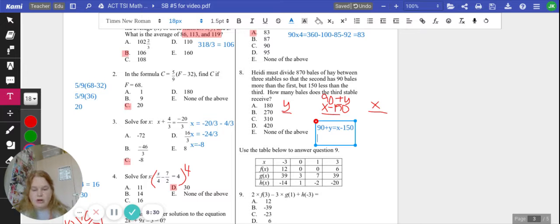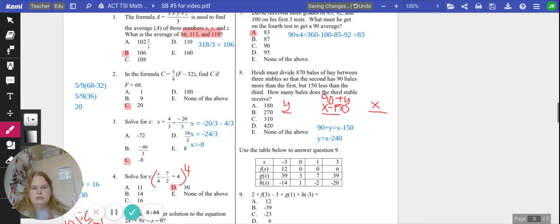I'm going to solve for Y. If I move that 90 over, I get X minus 90, negative 150 minus 90 is negative 240. So now this here is no longer Y, it's X minus 240. So it's the third stable minus 240 is what's in the first stable.